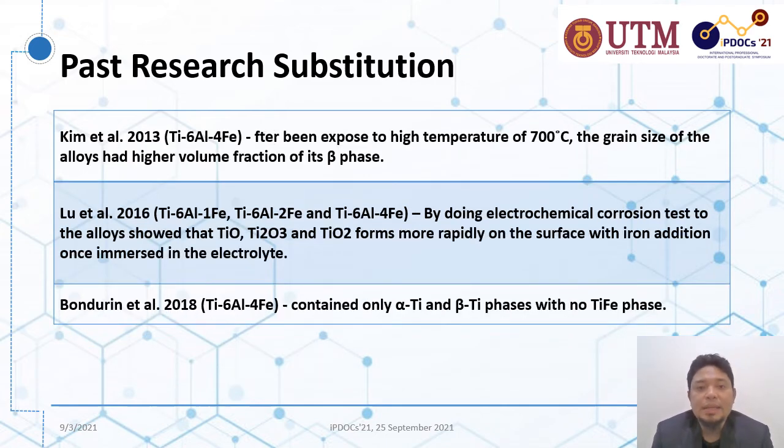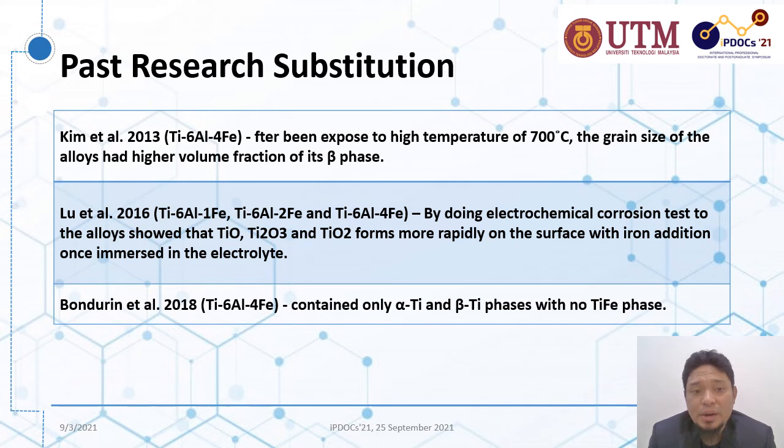Then Kim et al. in 2003 with a composition of 4 weight percentage iron shows that after being exposed to the high temperature of 700 degrees centigrade, the grain size of the alloy has a higher volume of beta phase element, which is iron.